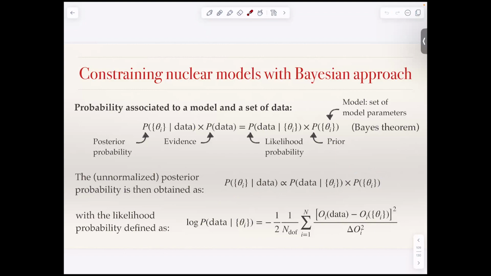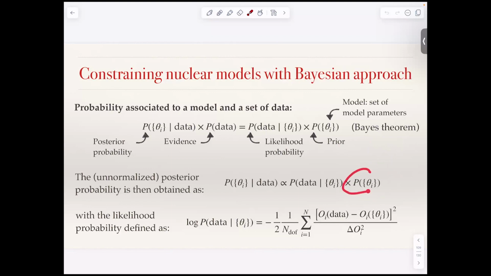So you have a flat prior between these two boundaries and zero probability outside, so this quantity will be just a gate like that. Or you say, from a previous comparison to experimental data, I know that my probability is a Gaussian shape, so my prior will look like a Gaussian with a given distribution, and this is what you put in your prior.